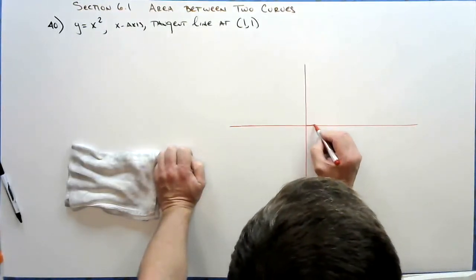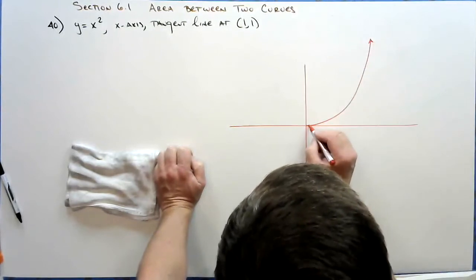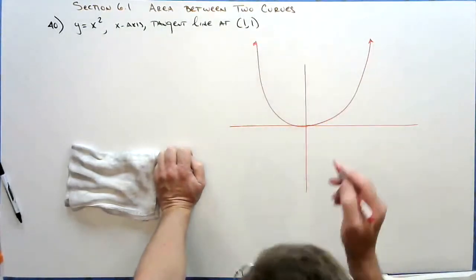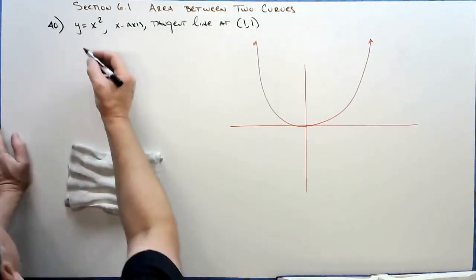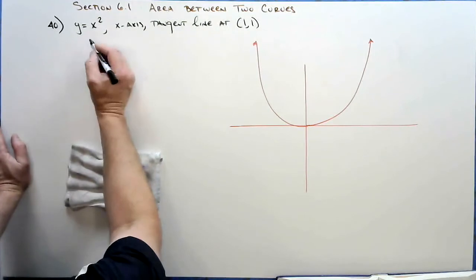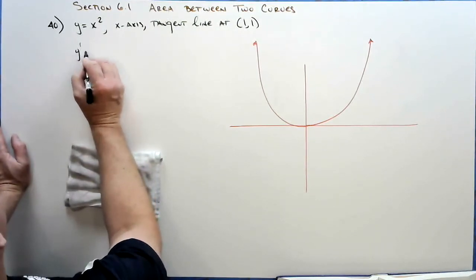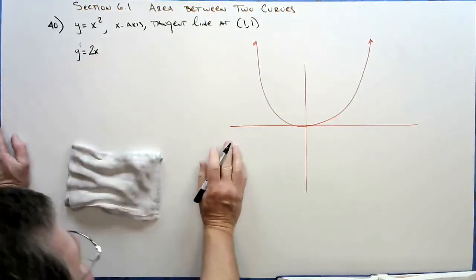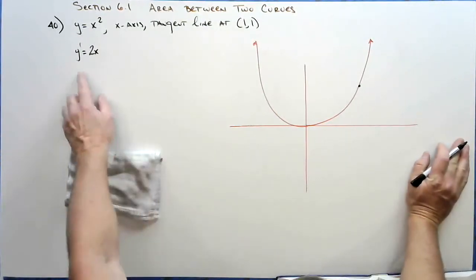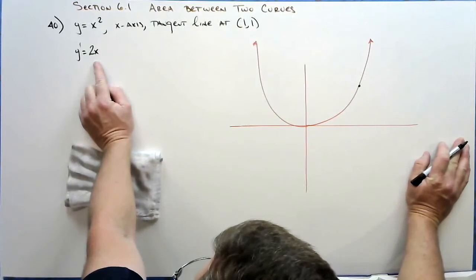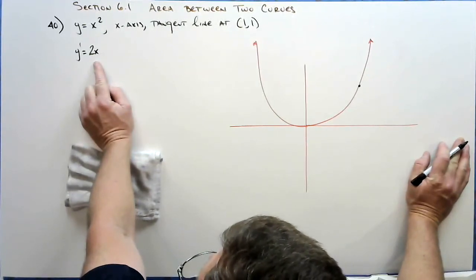We have our parabola y equals x squared, right? It looks like this. That's our basic parabola. We have the x-axis, and we want the tangent line to the parabola at 1, 1. To find the tangent line, we first have to find the derivative. That's 2x. At the point 1, 1, the slope of our tangent line is 2x, right?